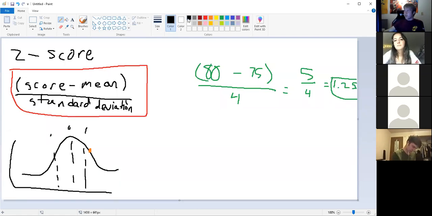And if you drew the graph of this right here, it would be the same shape with a point in that same spot, but that point would be the 80 instead of the 1.25. So, does that concept make sense? Okay.